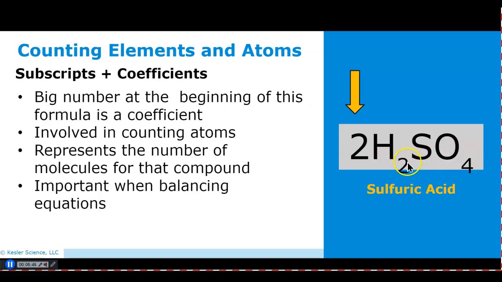So we have 1, 2, 3, and then 4 is 7. So just one molecule of sulfuric acid has 7 atoms. But we have 2 of them. So we have to multiply how many atoms we have, which is 7, by 2. That tells us that this chemical formula has 14 atoms in it.